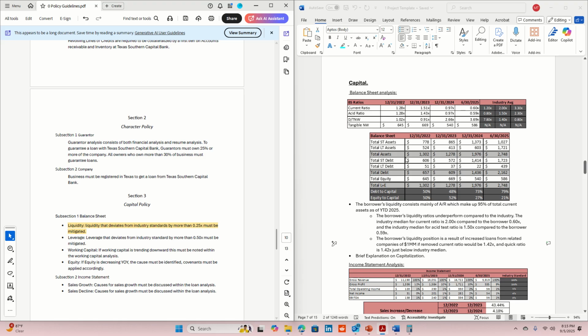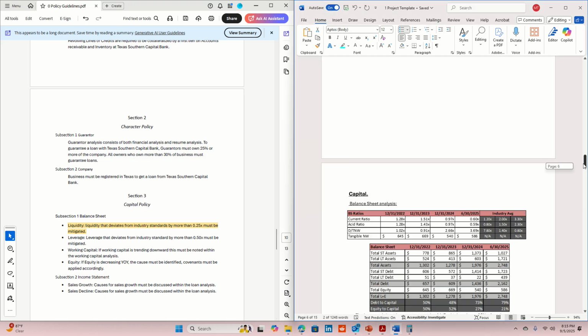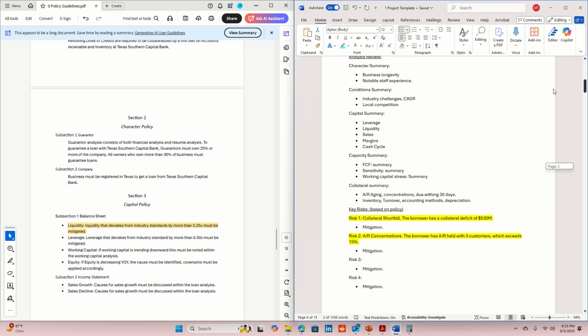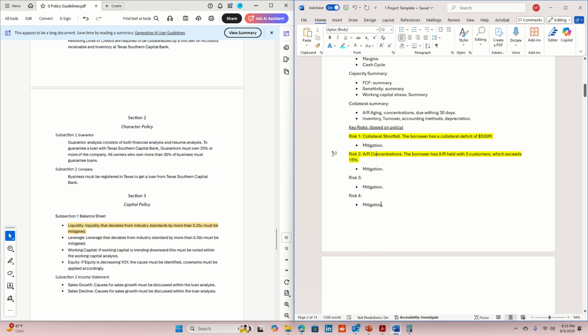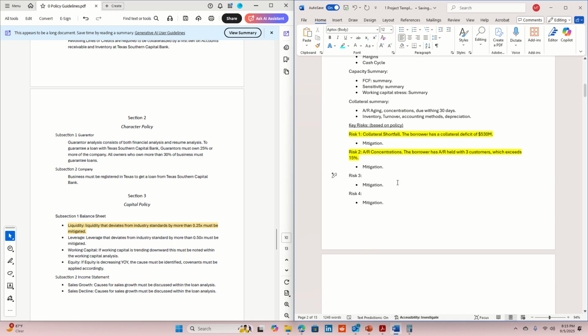So, liquidity. We're going to go to the top, in our risk section, and we're not going to mitigate it yet. We already have 2 risks from different videos that you guys haven't watched yet. We're going to add a risk. So risk, liquidity.